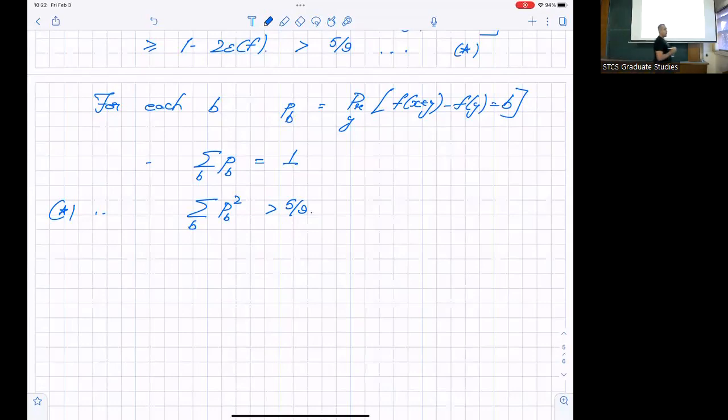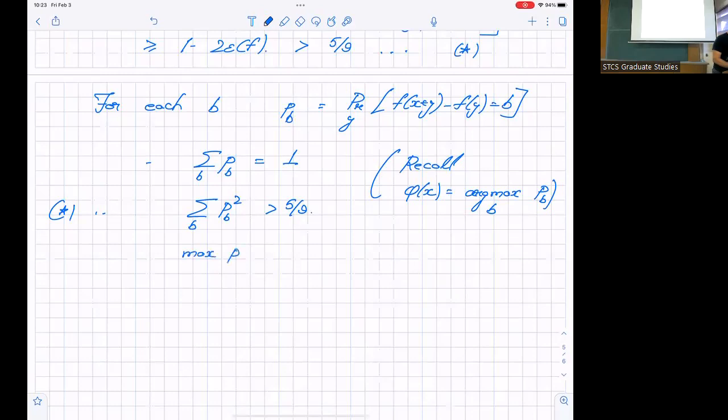Out of this, it should be evident that the max. Recall phi of x is arg max over b of p_b. It's the most popular value. So certainly, max p_b is at least 5/9.